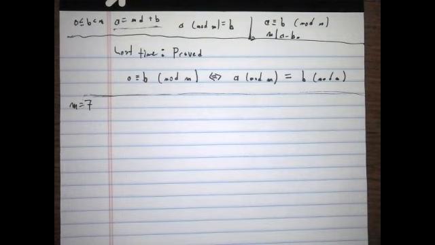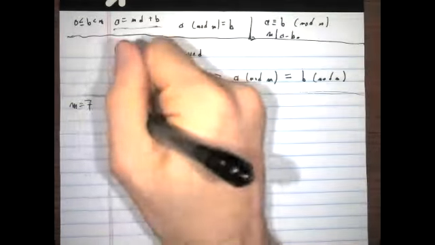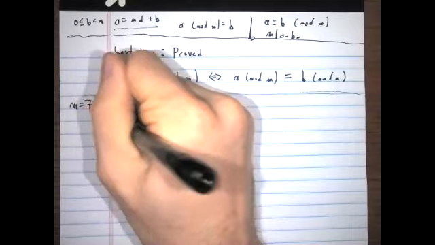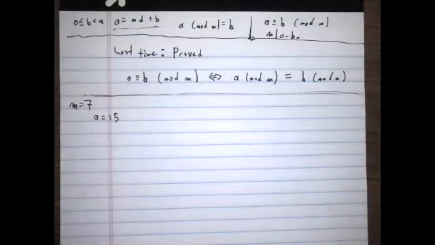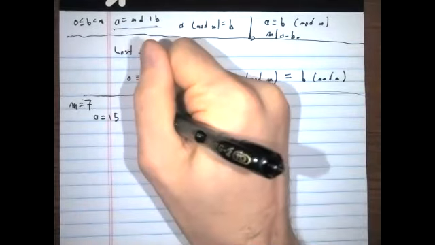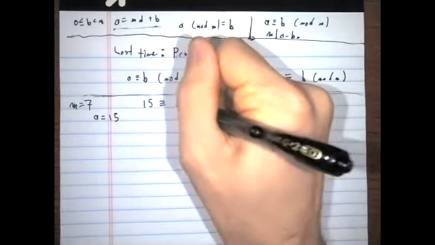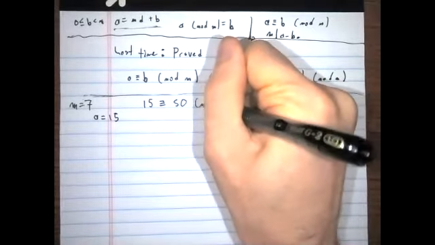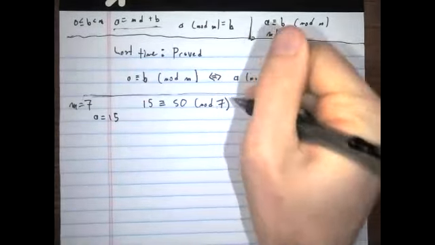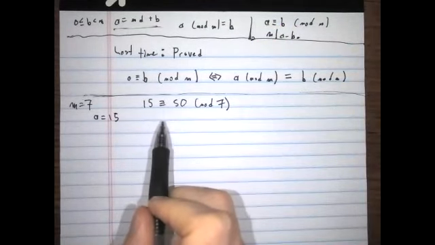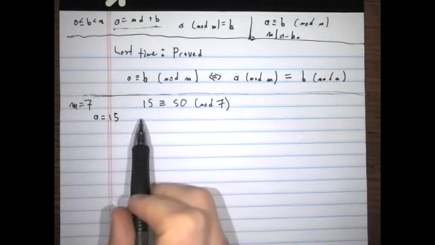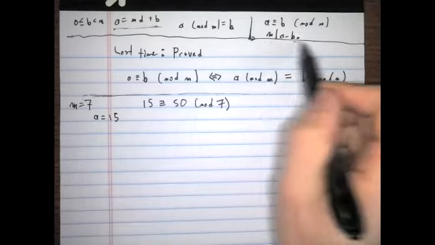So someone give me a number A. 15 is a good one. So A is equal to 15. And I'm going to pick another number, 50. So first question, is 15 congruent to 50 mod 7, where here we have to use this definition.